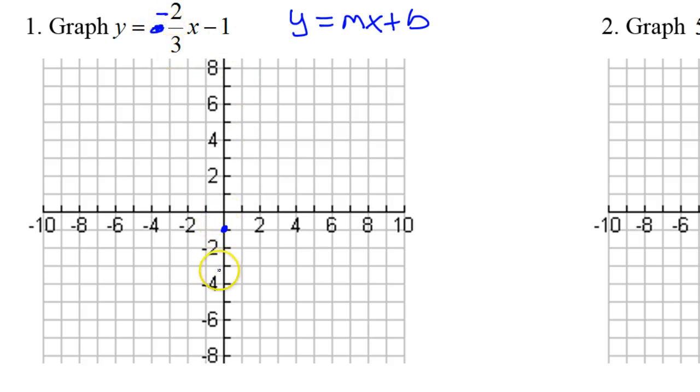So when I do my rise and my run, I'm going to go down 2 and right 3. So repeat that, down 2, right 3. I can put more points to the left by going up 2, left 3, repeat. So this is what the graph for problem number 1 is going to look like.